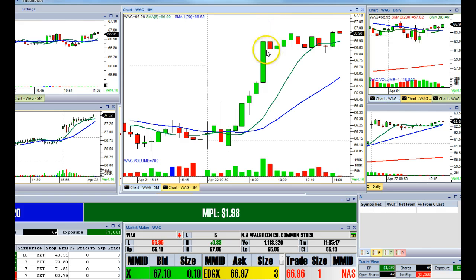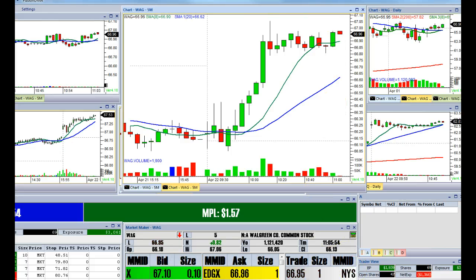You have to just believe that when it got up there, sellers came in and knocked it back down. But now you've got a pretty even number of buyers and sellers right in here. Are you going to get buyers to step in now, or are you going to get sellers to step in? So I'm just kind of waiting to see what happens, or this could just sit there and go dead sideways.